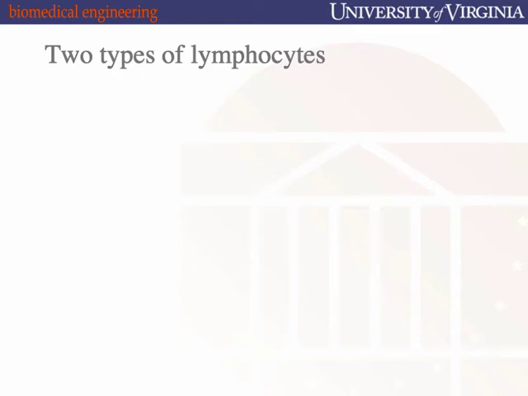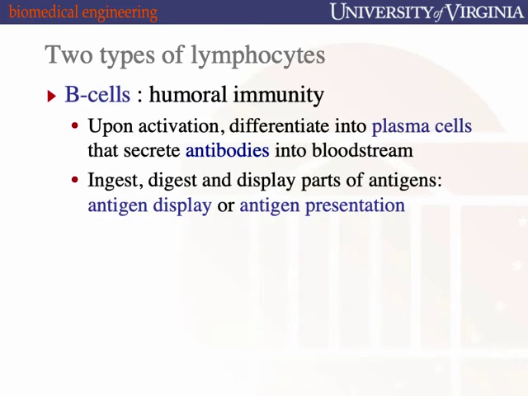All right, so if we look at those lymphocytes and think about them primarily in the context of acquired immunity, they really fall into two different types. First are the B cells, which are going to generate our humoral immunity. Upon activation, these cells will differentiate into plasma cells that are ultimately responsible for secreting antibodies into the bloodstream.